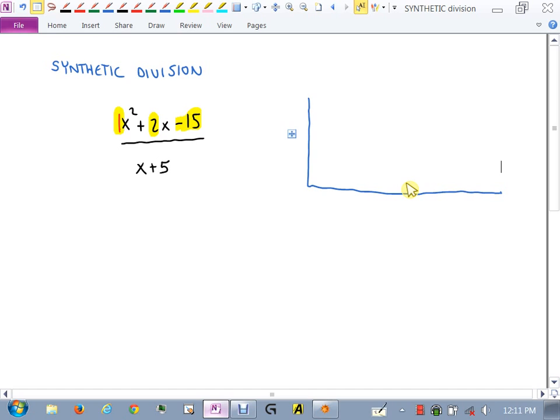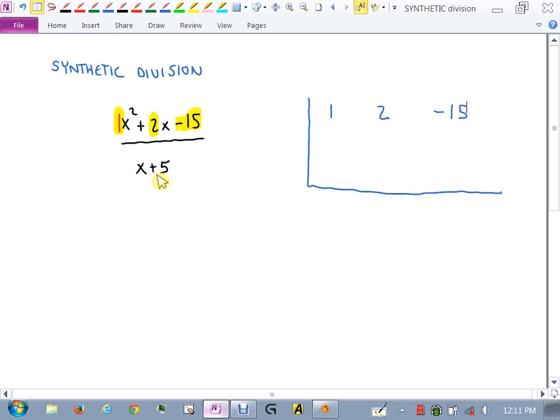Now inside here you put these numbers, 1, 2, negative 15. Leave a little space between them so you don't accidentally think that's a 12 or something, okay? Then on the outside of the division box right here, I'm going to put the opposite of the number I see here.